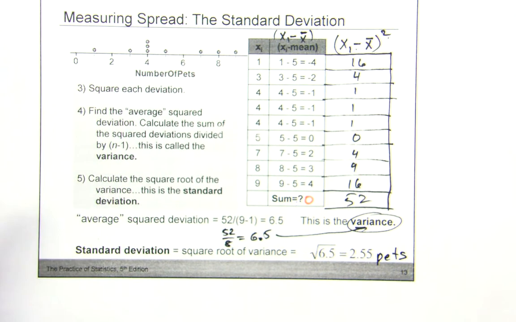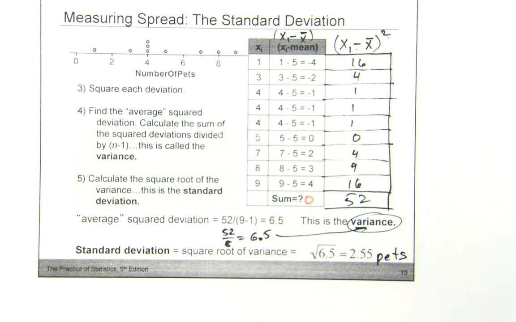So interpretation-wise, let's see if I can help you understand what you just found. If you have the mean at 5, most of your data points are within 2.55 away from your mean. Hopefully that makes sense.